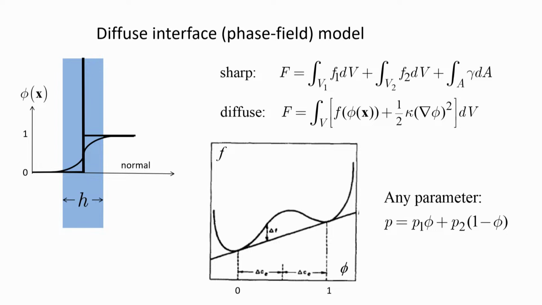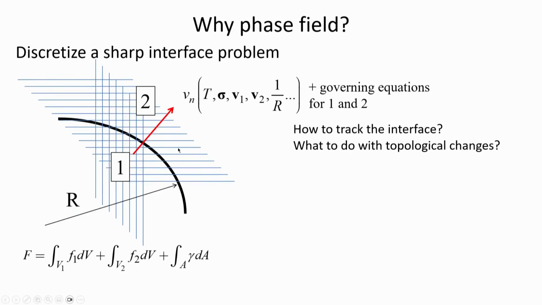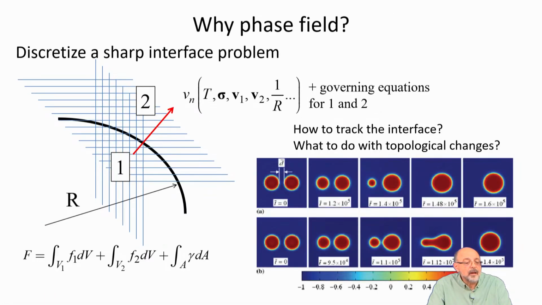Thank you. So last time we started our phase field models. Before I briefly review the main ideas, let me remind you why we want phase field models. Well, we want to deal with interfaces which are moving, and then we have topological discontinuities, coalescence of domains and breakup of domains.